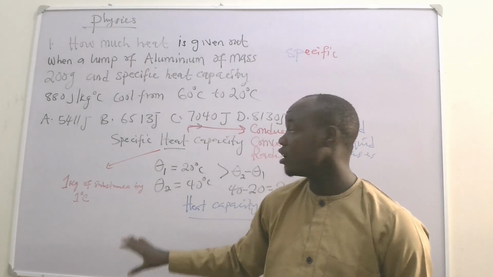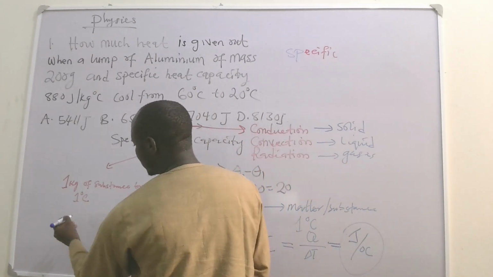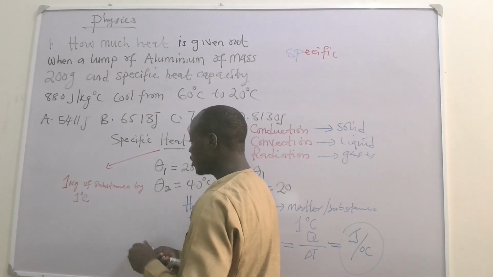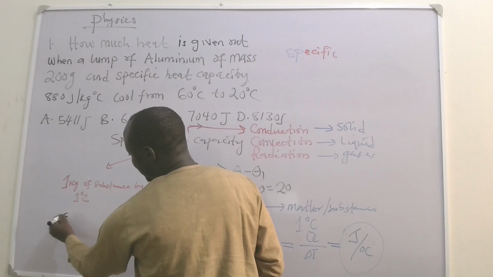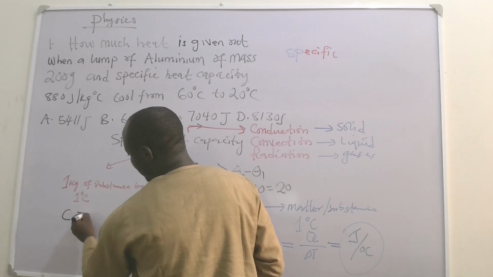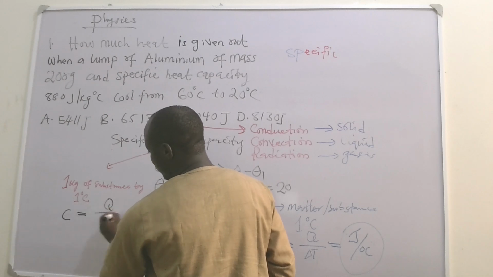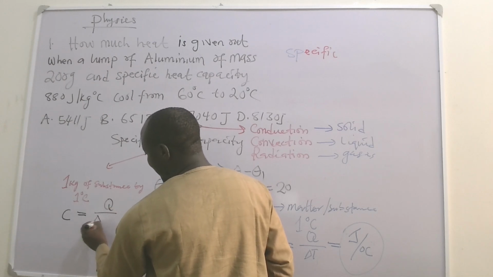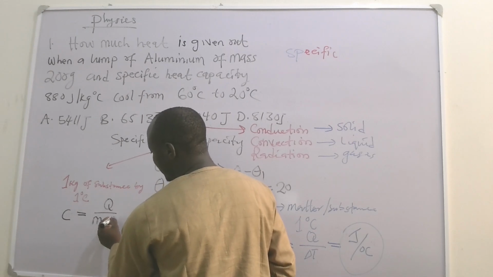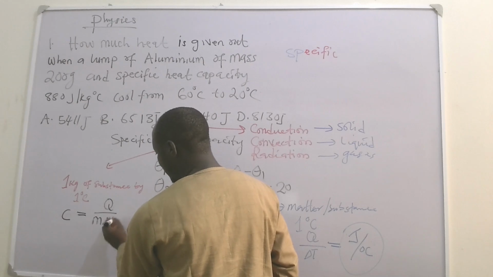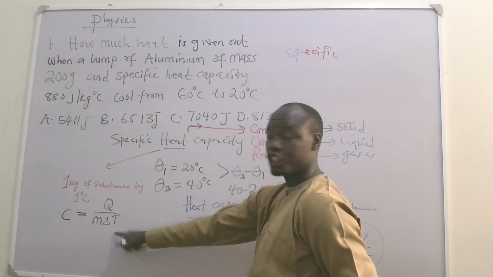And there is also a formula for calculating this specific heat capacity. The formula for calculating specific heat capacity is small letter c is equal to Q all over mass times delta theta, or delta T, where delta T represents change in temperature.